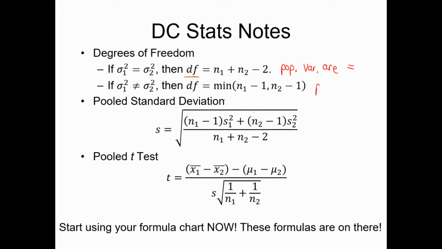If population variances are not equal, you take the smaller of the degrees of freedom. So find the degrees of freedom for the first sample, find it for the second, and pick the smaller. What is population? Sigma squared. So it'll tell you in the problem, assume population variances are equal. Assume they're not equal.